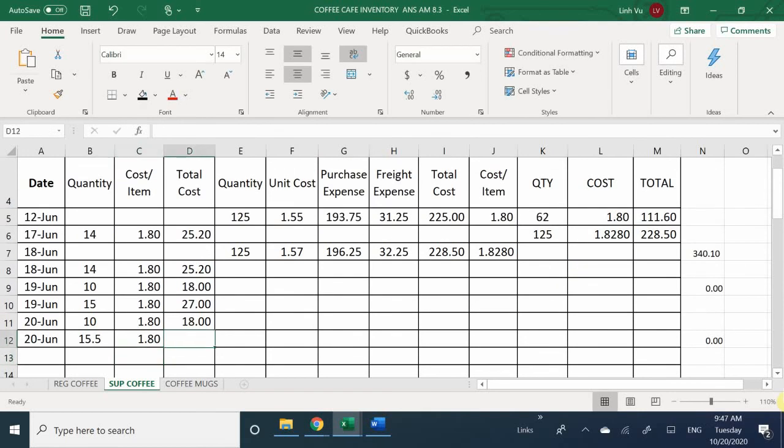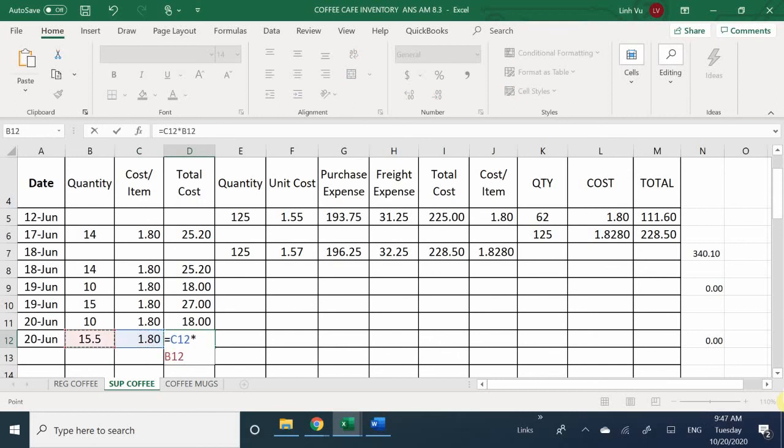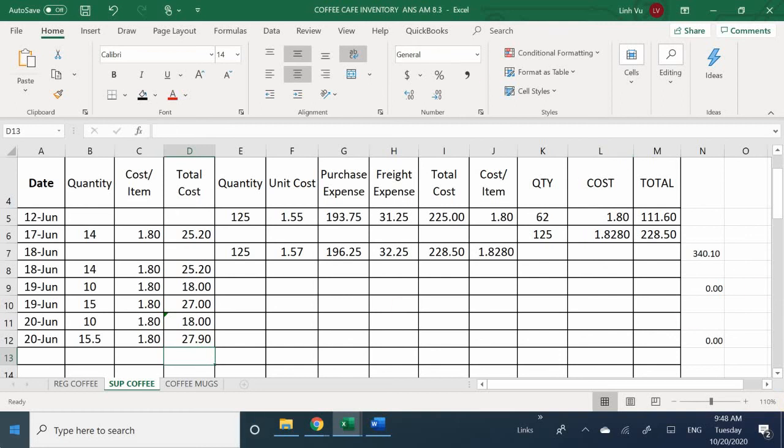Now let's go ahead and multiply that across, and what do we get? $27.90. All right. Let's go ahead and update our inventory.